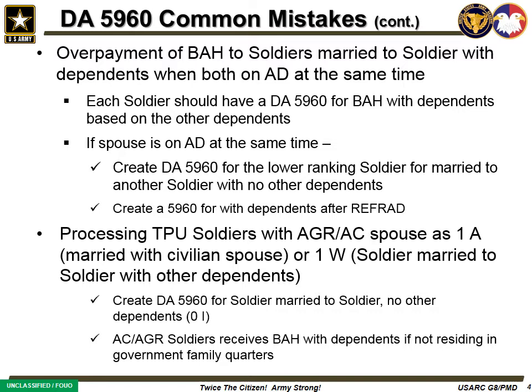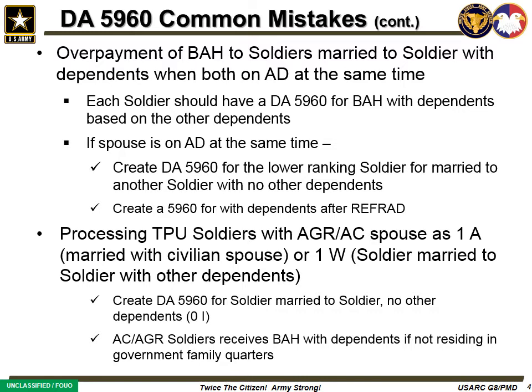This will result in the lower ranking soldier receiving BAH without dependents. Once the higher ranking soldier is REFRAD, create a DA Form 5960 for the lower ranking soldier answering yes to married to another soldier and yes to other dependents.